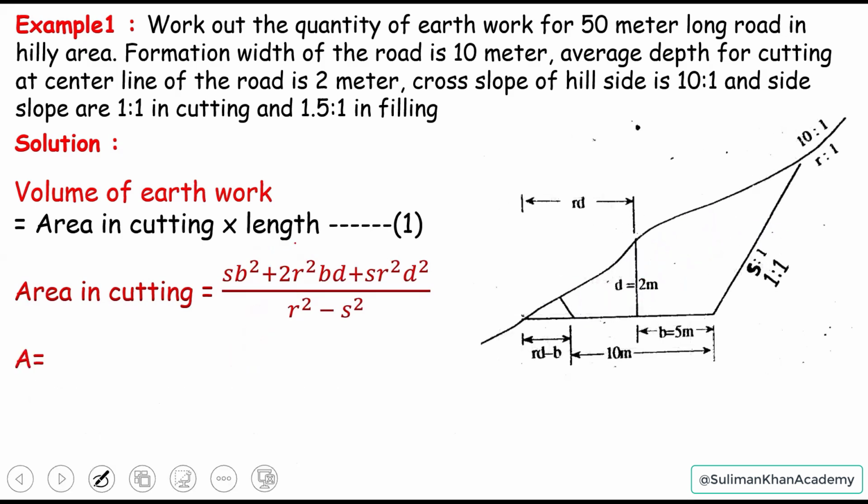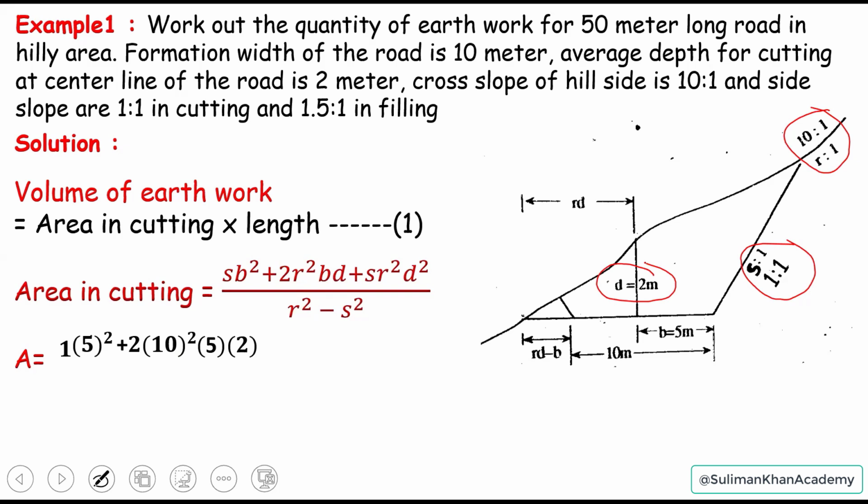Putting in some values: S is 1, that is known, which is the side slope, times B square. B is also known, that is 5, which is half of the formation width. So 5 square plus 2 times R square, R is also known, which is 10, so 10 square, and B, again known, 5, and D, also known, of course 2 units.